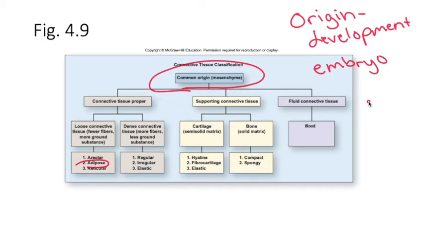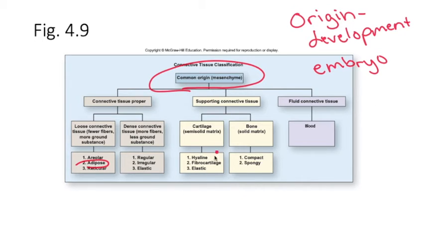And then after a few weeks, and you do not need to know the timing of this at all, after a little while, you get 3 major types of tissues start to develop, and they then become, finally, these other types of tissues that we talk about in this class. But one of those is called mesenchyme. It's an embryonic tissue, and it is pretty generalized.